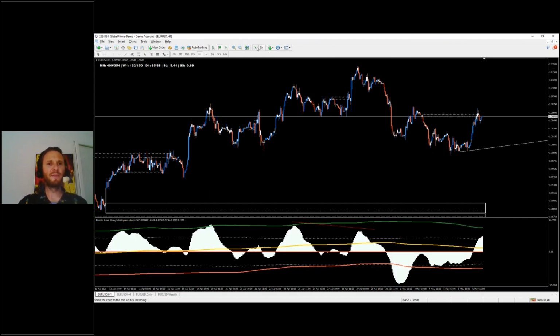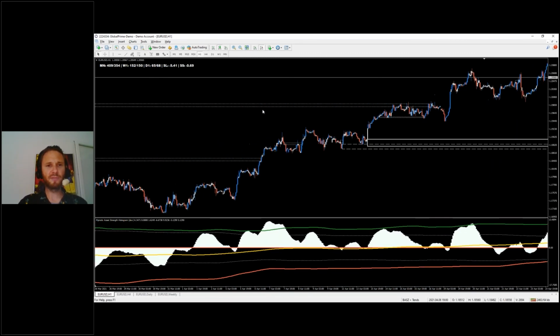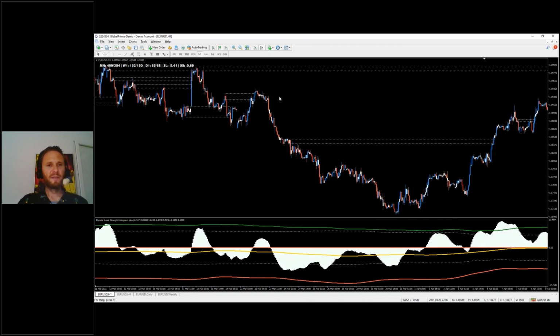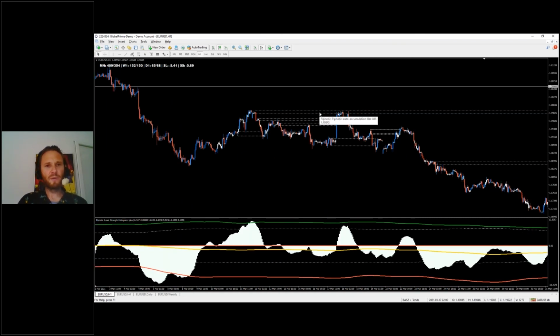If you have an area of supply or demand, and we have an area that is created, this is a good example right here. This one here is an area of supply. This is a parent supply, because it was created independent of any other area of supply.